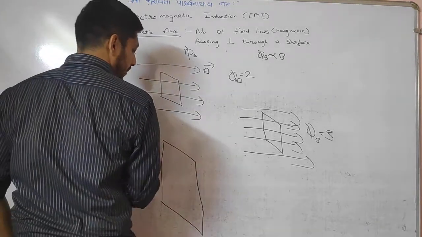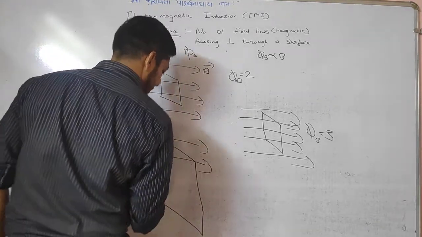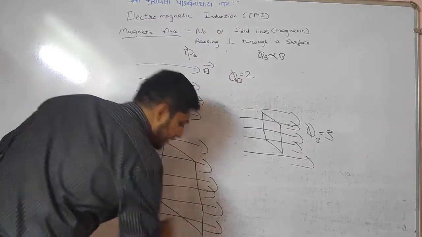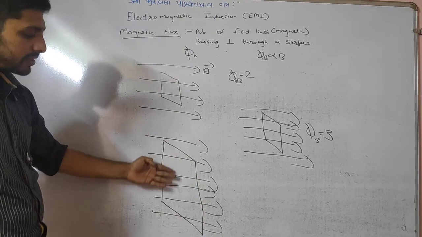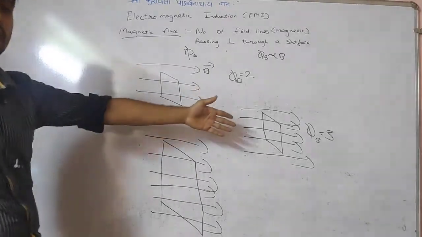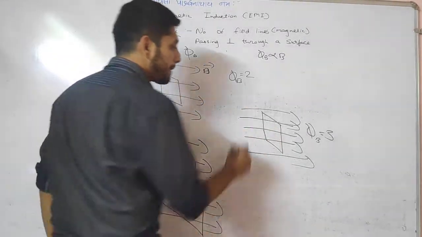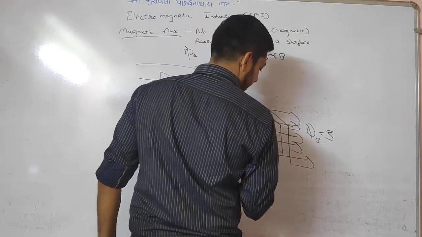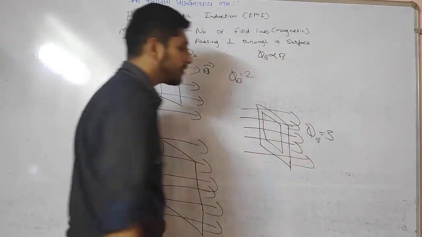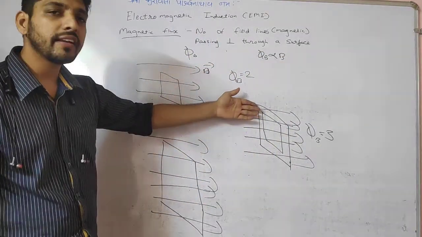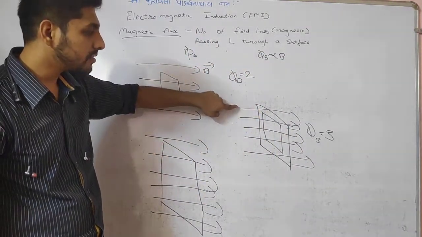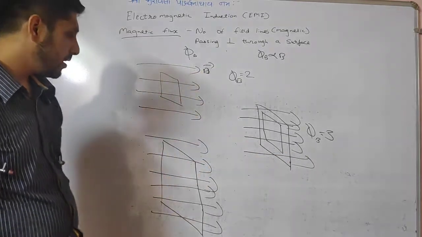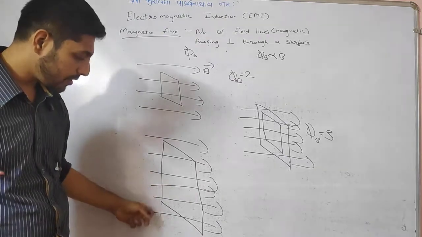If I have the same magnetic field, the number of field lines passing through it will obviously increase as the area is increased. If I get a bigger area, what will be the flux? The number of field lines passing through the bigger area will increase. So for the bigger area, the flux will be 1, 2, 3, 4 and 5, because all the field lines are passing through it.